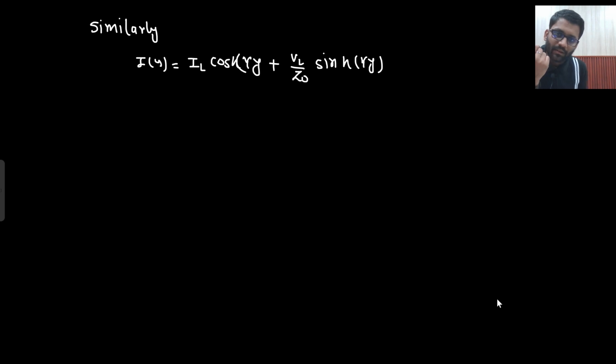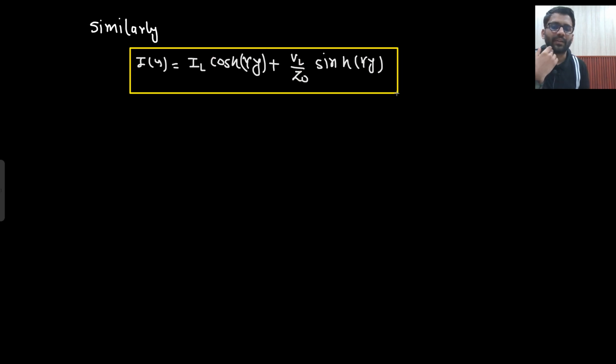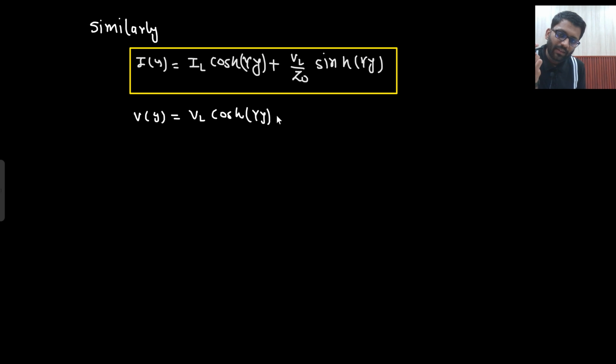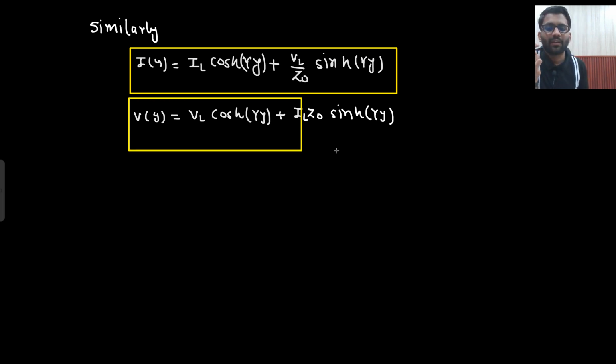Okay. So this is the expression of Iy you will be getting. So this was your Iy, and what was your Vy? Vy was VL cos hyperbolic gamma y plus IL Z naught sin hyperbolic gamma y. Need to remember it.